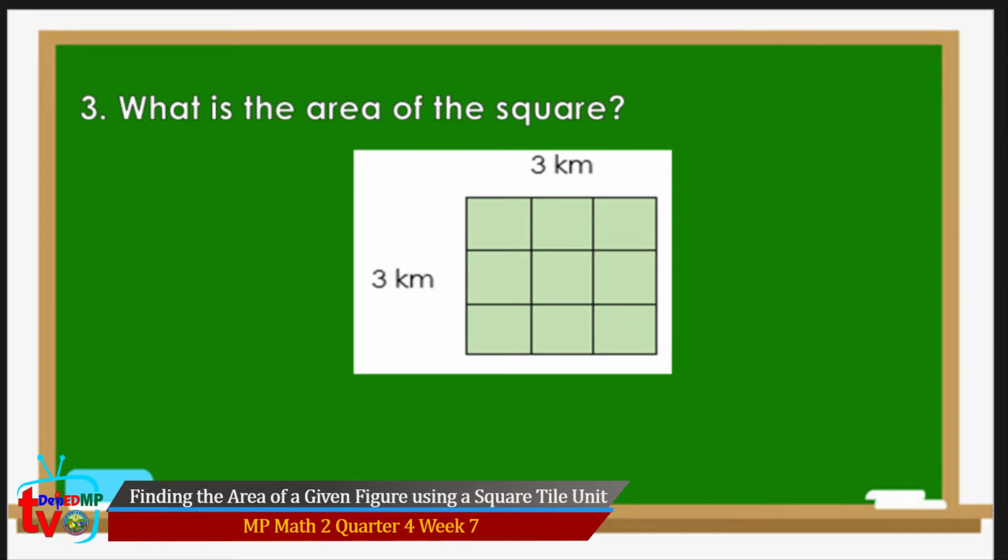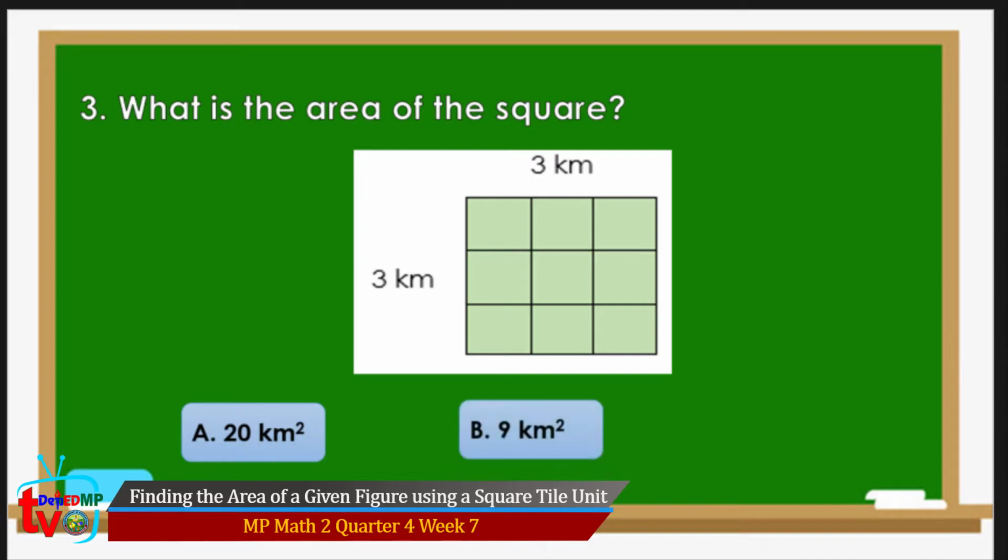Number 3. What is the area of the square? Is it A, 20 kilometers square, B, 9 kilometers square, or C, 31 kilometers square?